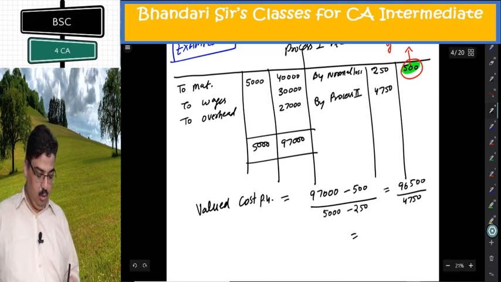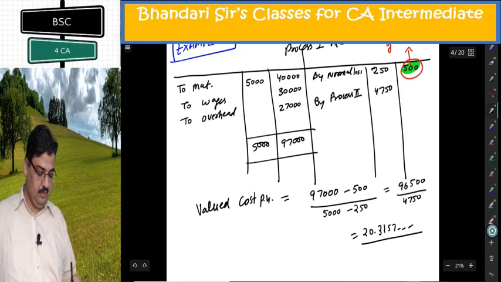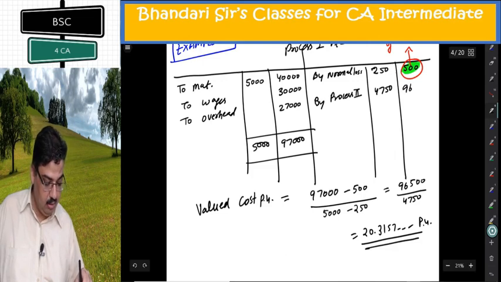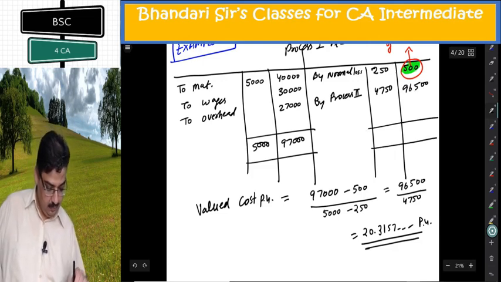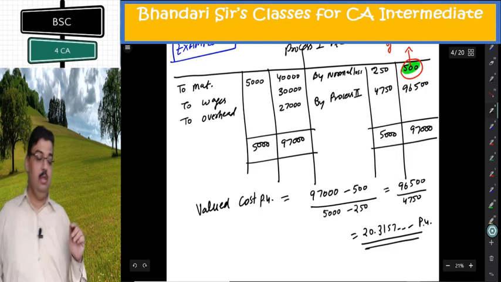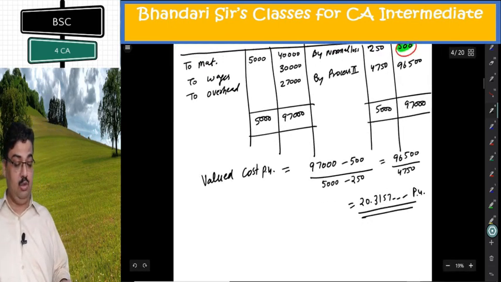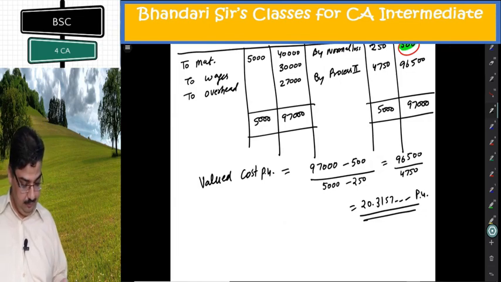It is coming to 20.3157 per unit. When you multiply with 4750, you again get 96,500. So, for 5,000 units, 97,000. So, this is the complete question. Let me make a normal loss account here. It makes sense to make a normal loss account here.